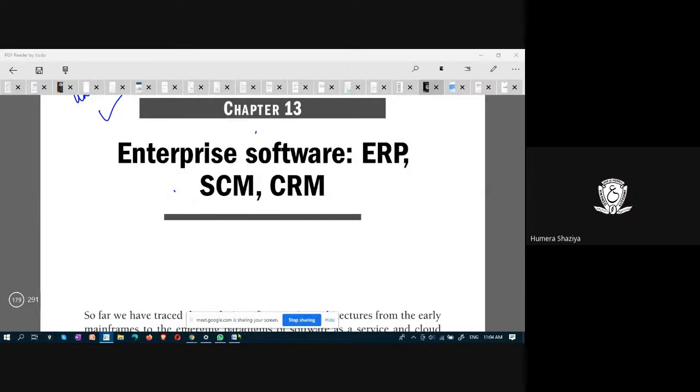We are learning Unit 5, and the first chapter in Unit 5 we completed in our last class. Today we will look at the next chapter in Unit 5, which is chapter number 13 in textbook 2.